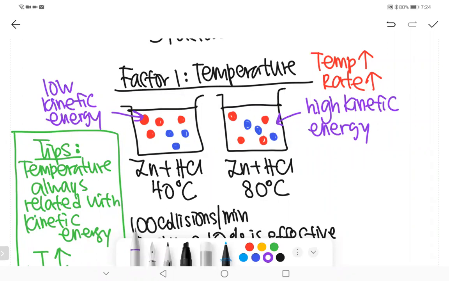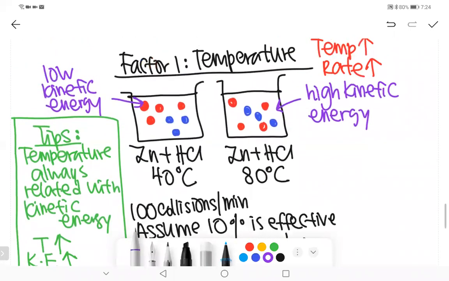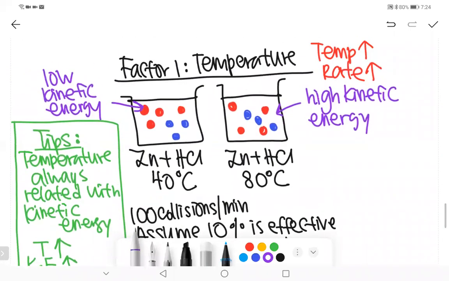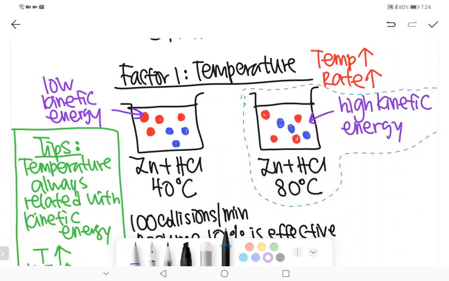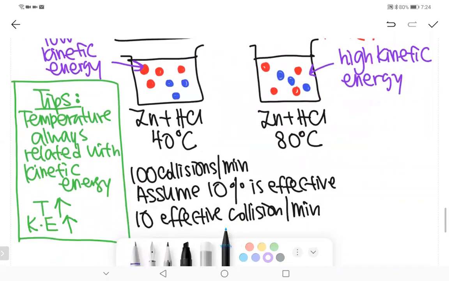Remember, the particles are colliding. So when the particles have high energy, they will collide more and more frequently.